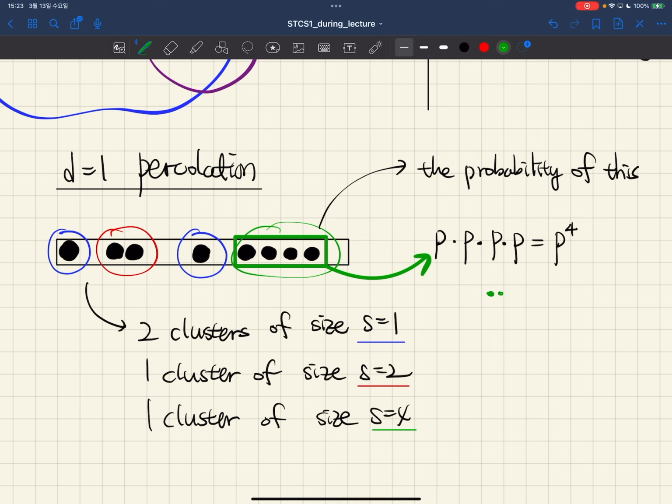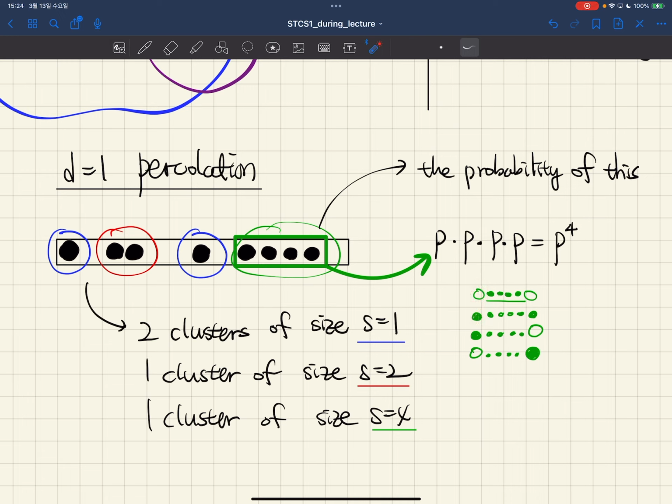Of course it's p to the 4th power that describes this situation. But if we just write down this probability, it can describe this one, or this one, or this one, or this one, because we don't care about the other sites, whether they are occupied or not.